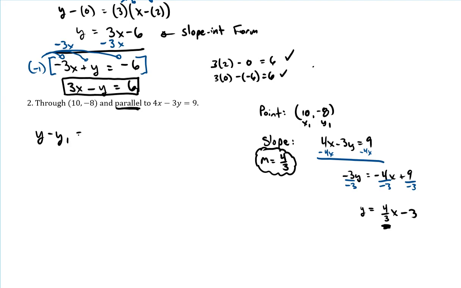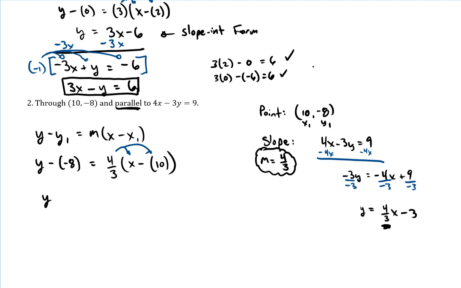And then again, just like last time, let's go ahead and set up our equation now, and then we'll sub in all of our values. So we have y minus y1, which is -8, equals the slope of 4/3 times x minus x1. x1 is 10, like that. And then we'll distribute.